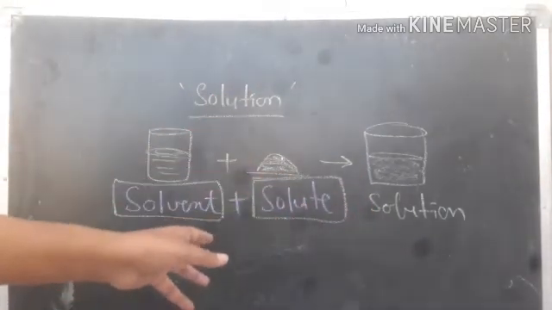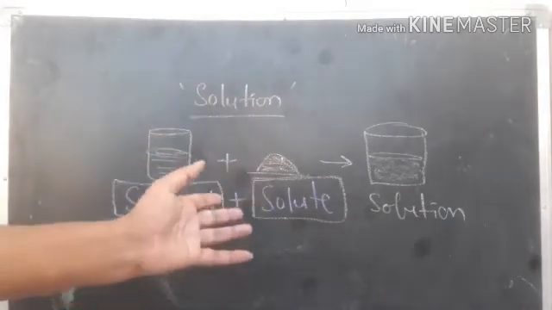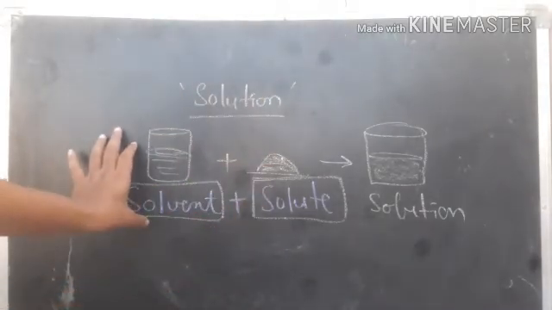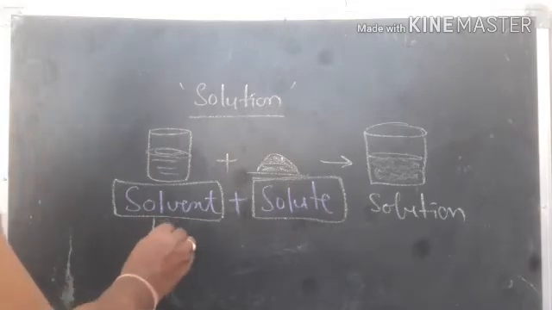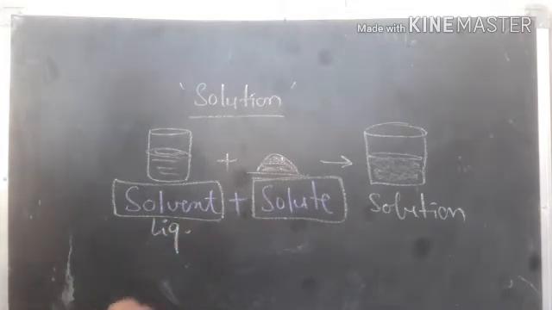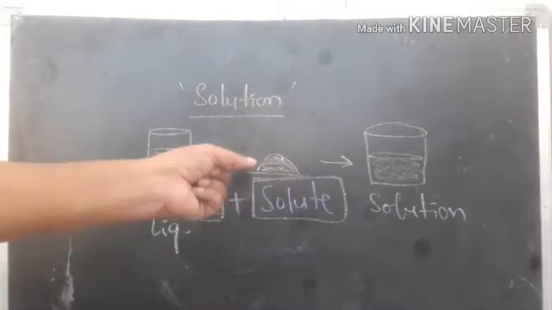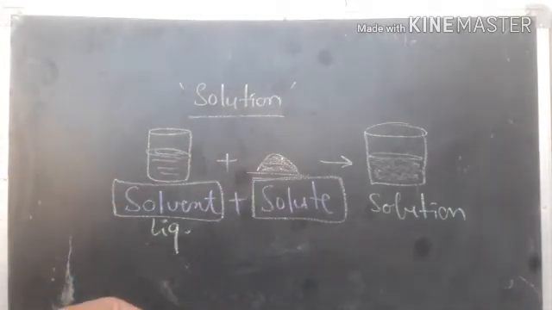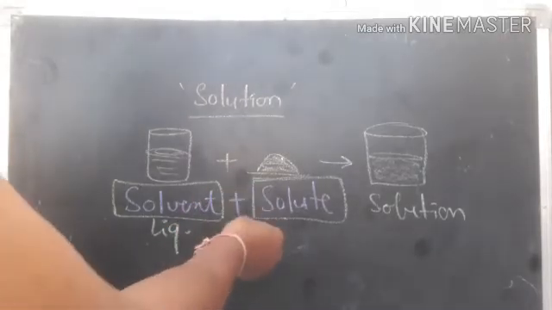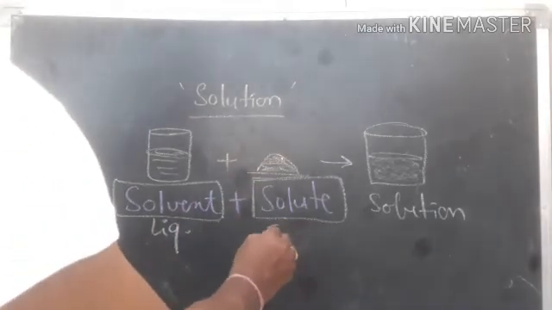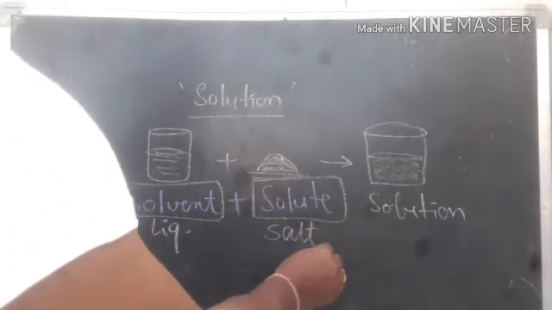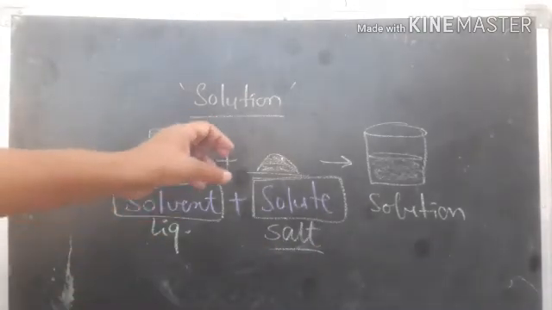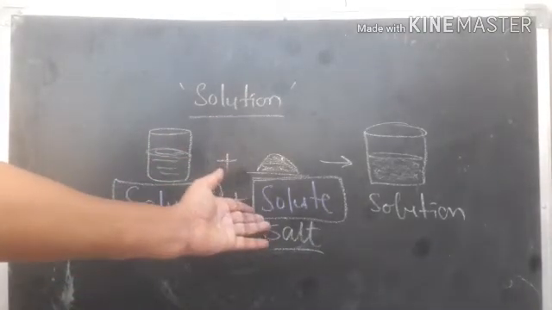It may be solid, liquid, or gas, whatever it may be, but solvent is always liquid in nature, whereas the solute may be solid, liquid, or gaseous. Just imagine it is a solid like salt. Salt crystals are there, and we call it the solute.